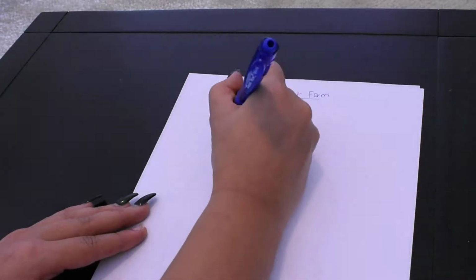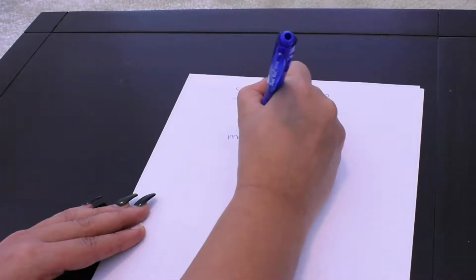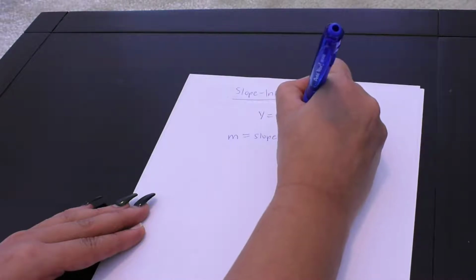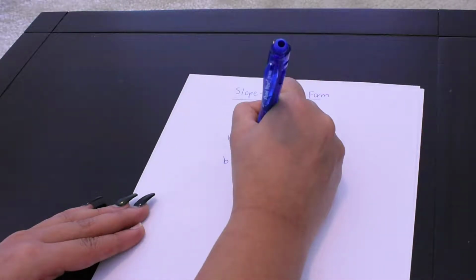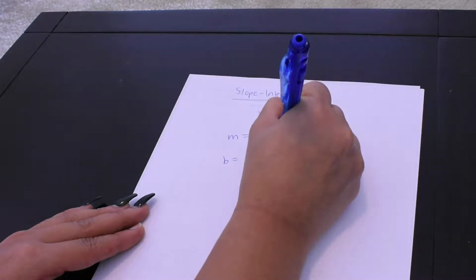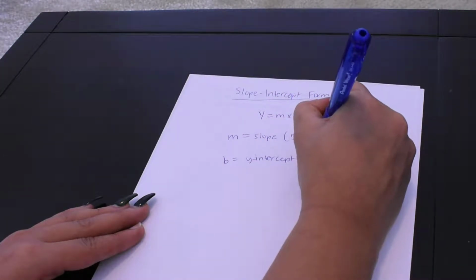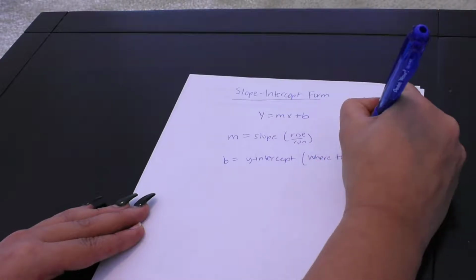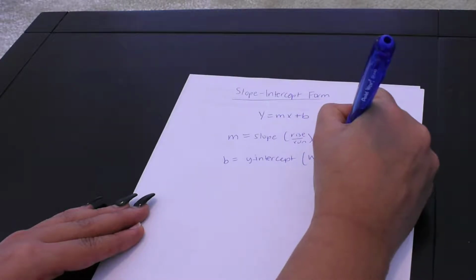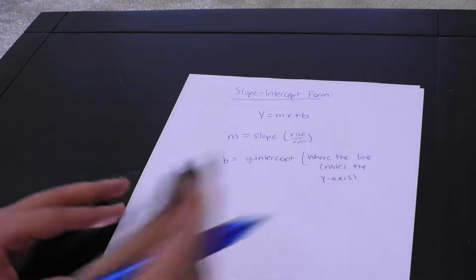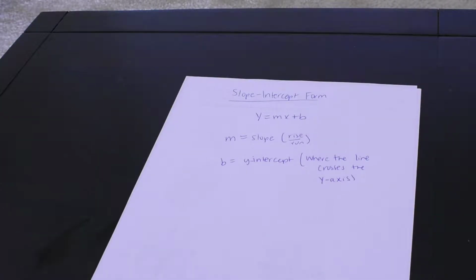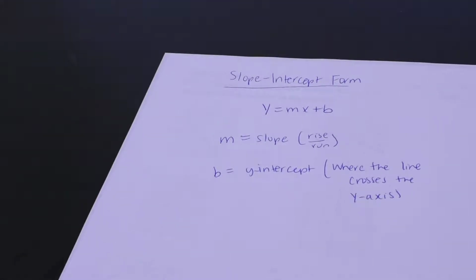Because m equals your slope, rise over run, and b is your y intercept, where the line crosses the y-axis. Y'all see that? Where the line crosses the y-axis, okay?